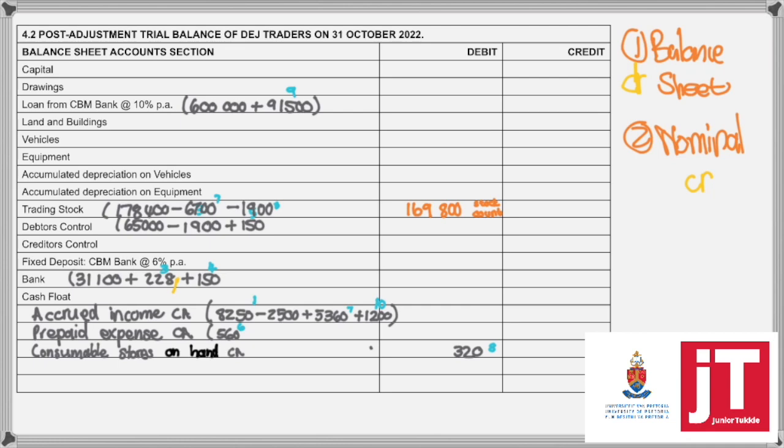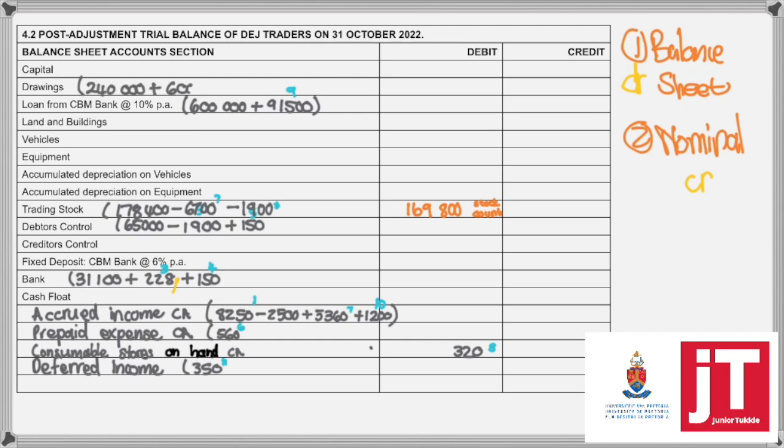Then adjustment number 11 was commission income received in advance, so deferred income or income received in advance. 350 will credit here, and it was debit or minus off commission income on the nominal section. Adjustment number 12 was a correction of an error between telephone and drawings.